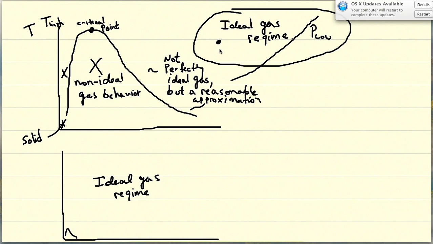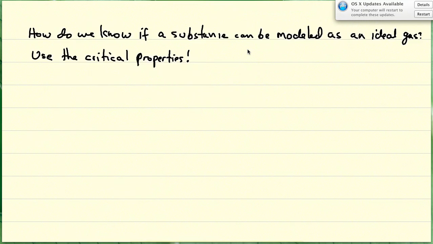Well, the critical point locates this saturation dome relative to that point, regardless of what the substance is, right? And so I can look at my properties at this point compared to the properties of the substance's critical point and make an assessment as to how far this point is away from the critical point, and therefore tell me how much of an ideal gas I am or not. Okay, so we have some ways that we go about doing that.